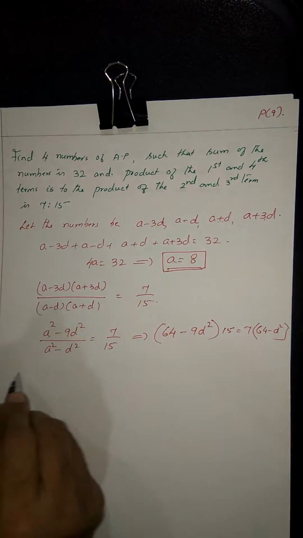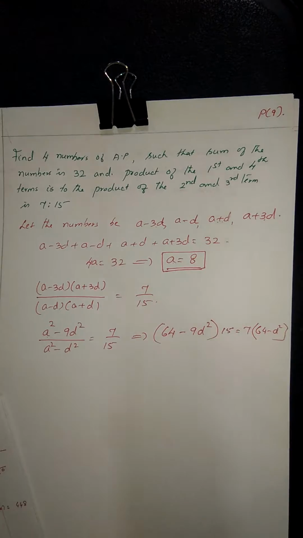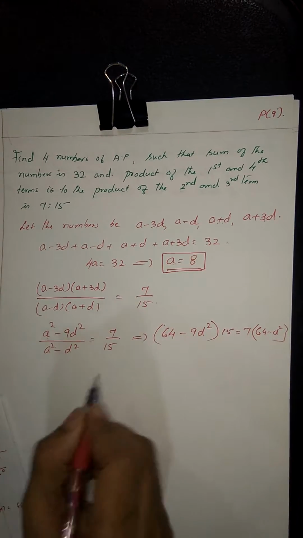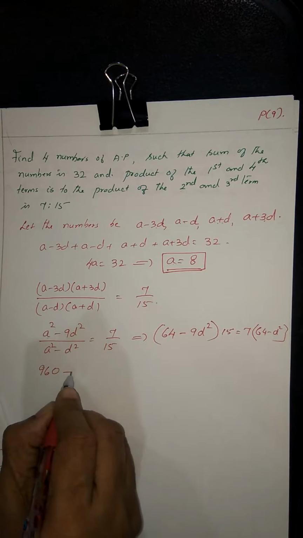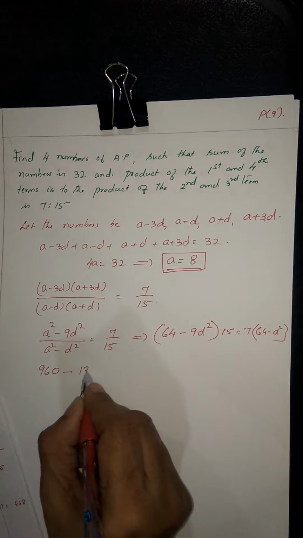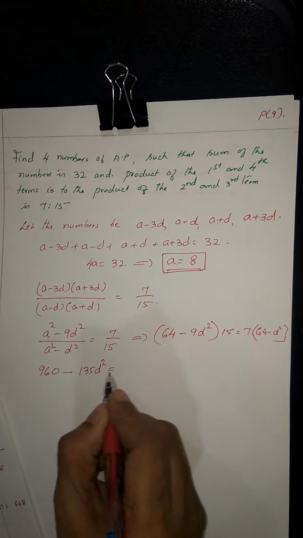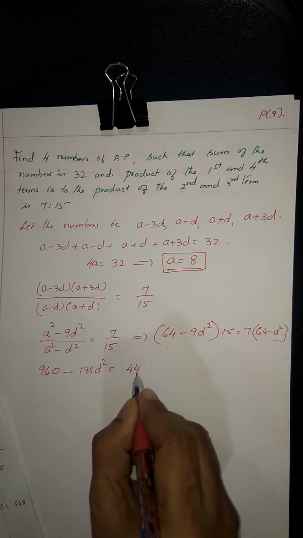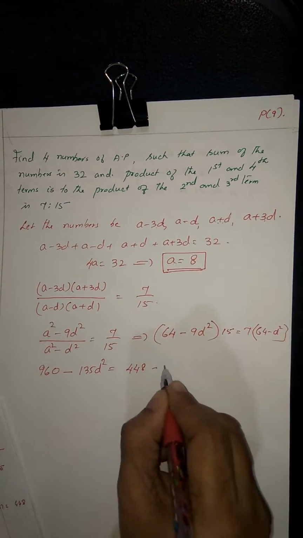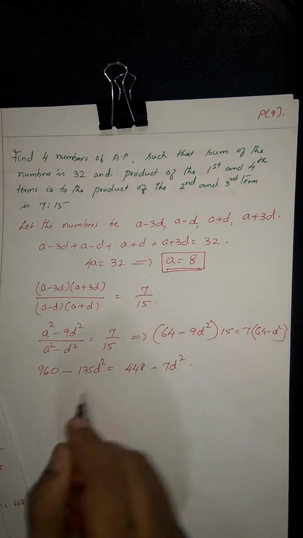So you will get 960 minus 135d squared is equal to 7 into 64, you get 448 minus 7d squared.